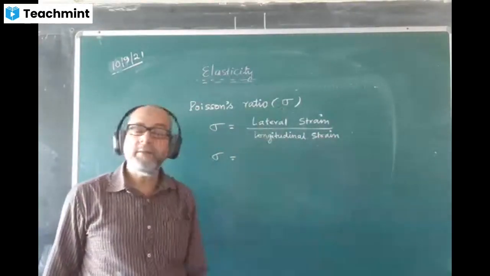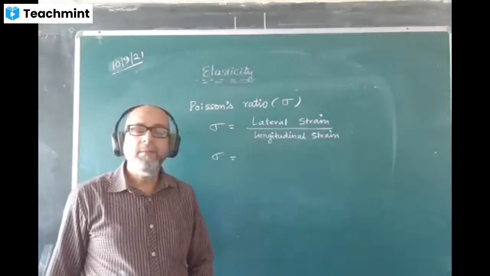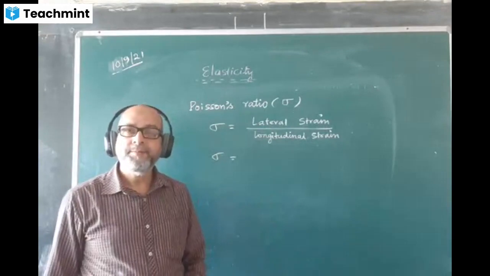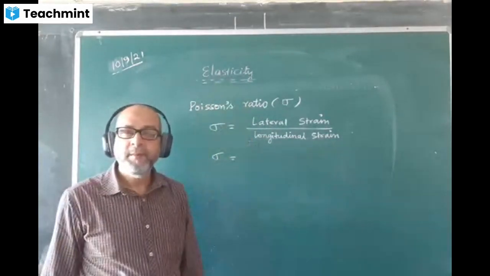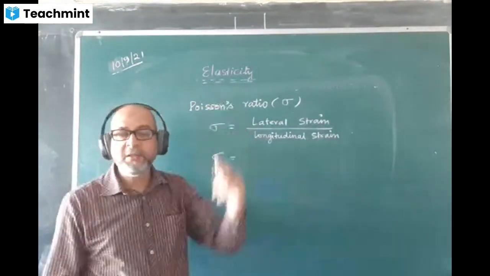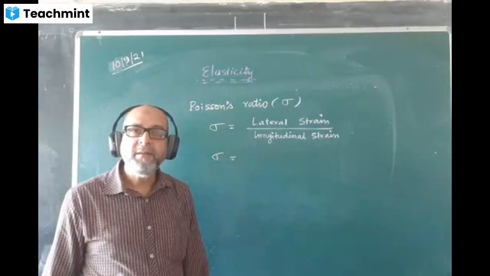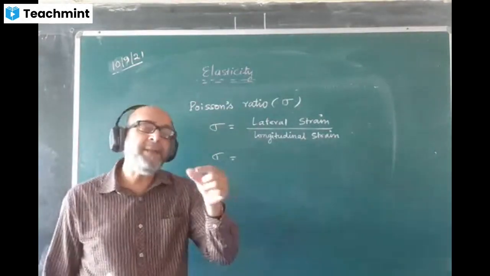We are having a wire, maybe steel wire, maybe rubber wire. We are elongating it. When we are elongating it, so increasing the length, you will find the length changes as well as the diameter also changes.